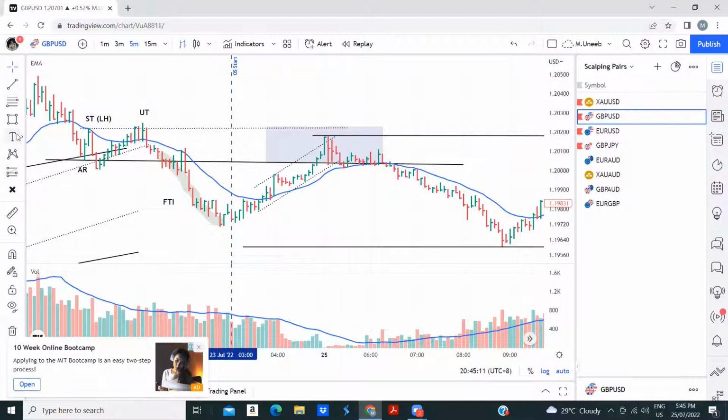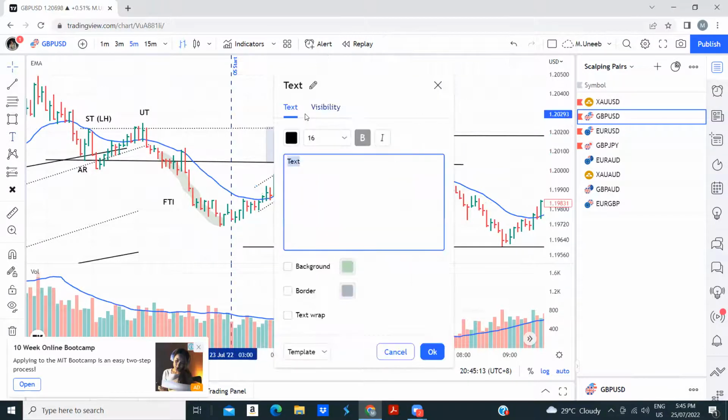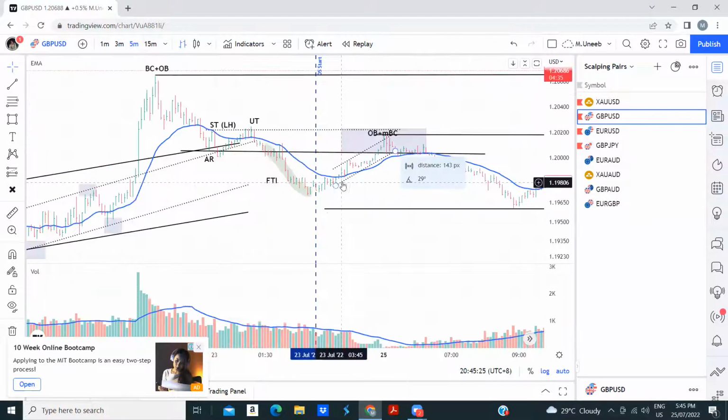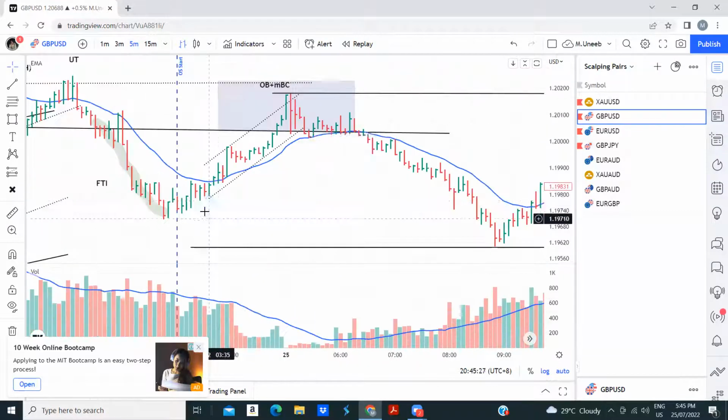So it becomes overbought as well, OB, plus MBC. MBC is mini buying climax of this channel. And after FTI, this move is what?